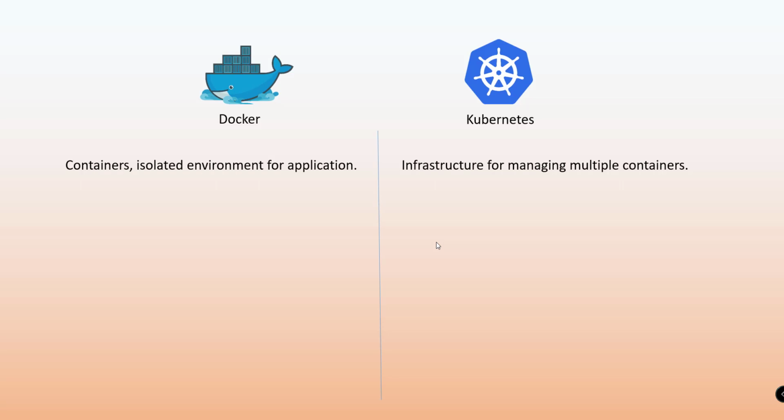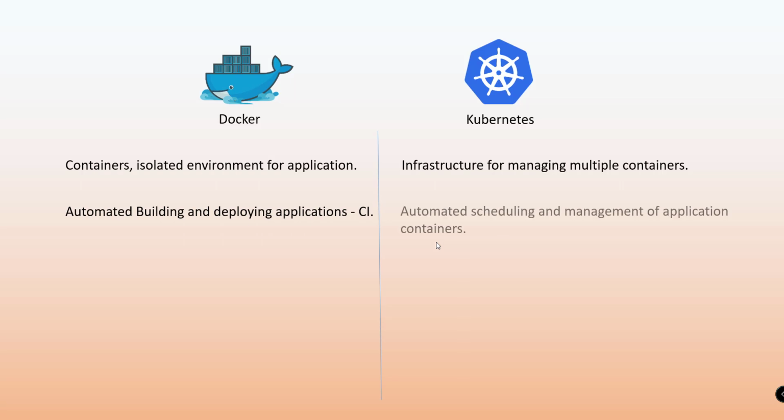I will have the description link shown at the left corner of this video. Kubernetes is the infrastructure for managing multiple containers. With automated building and deploying, we can create continuous integration and continuous deployment using Docker containers, whereas in Kubernetes we have automated scheduling and management of application containers. So basically it does orchestration and management of containers.